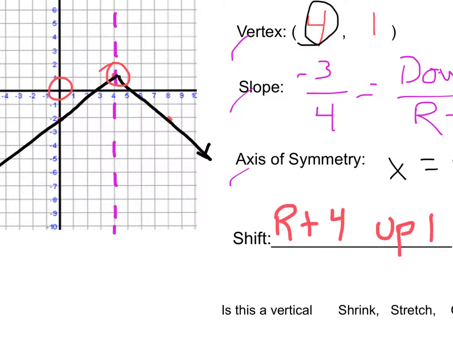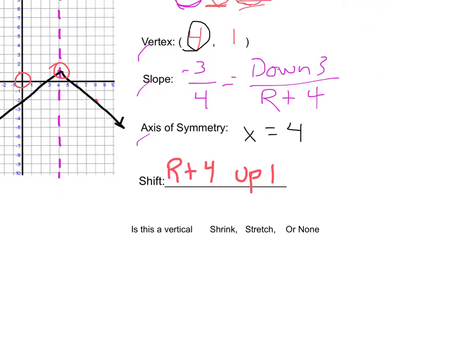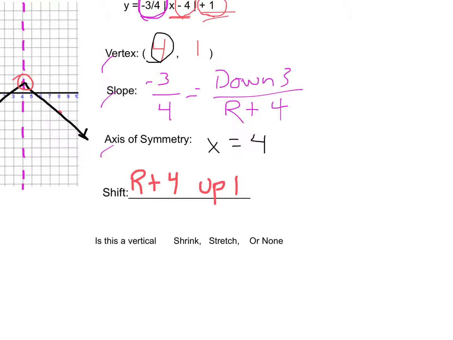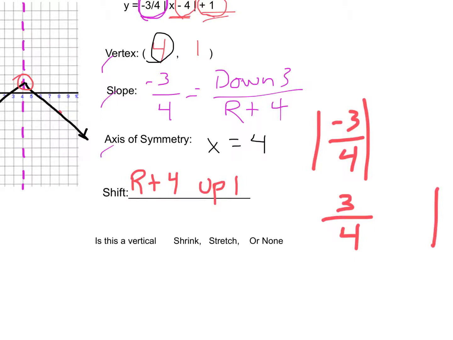That's your shift. Now, nicely enough for us, we don't have to count because we have our slope right here. So let's take the absolute value of negative 3/4. And the absolute value of negative 3/4 is positive 3/4. So what do we think? Is 3/4 less than 1, bigger than 1, or equal to 1?